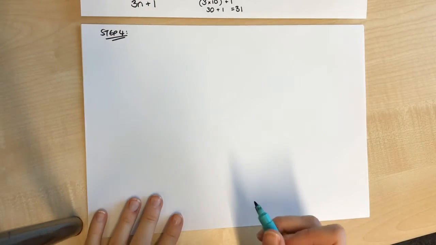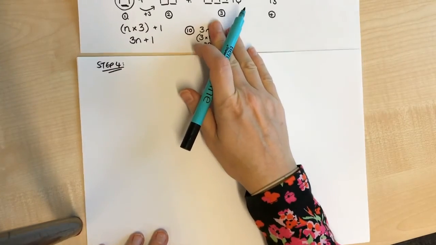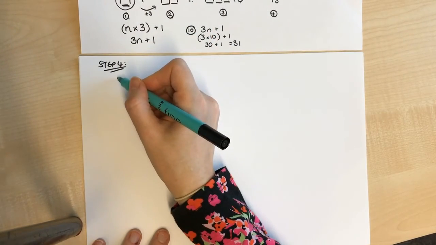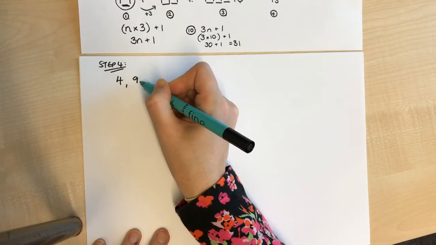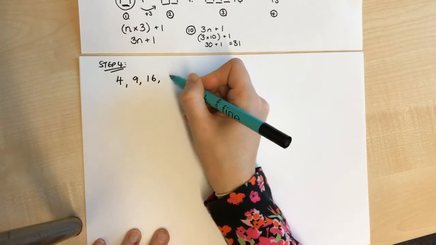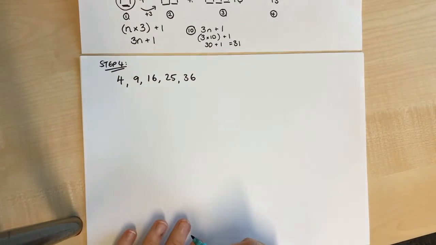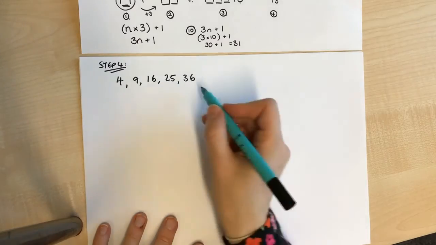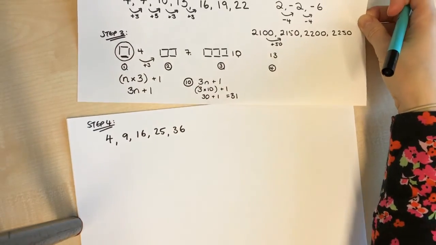Step 4 is slightly different. It doesn't really lead on from the others. Step 4 is about noticing different patterns. For example, here's one. Now you might recognise those numbers. There's two ways of looking at this. You might go back to step 2 and start thinking, okay, what's the gap?